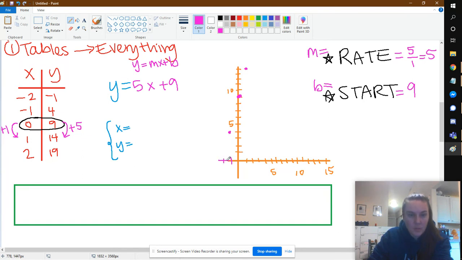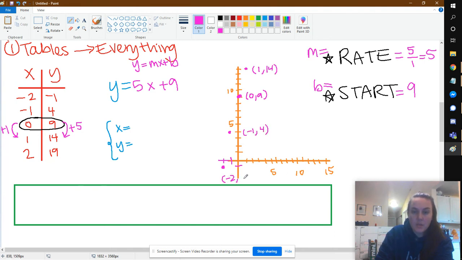Over -2 and get a -1. So I've graphed these 4 points from the table just by making these your x and y coordinates. And again, whenever we have the x and y on the table, we can just use them as coordinates and plot those points on the graph.